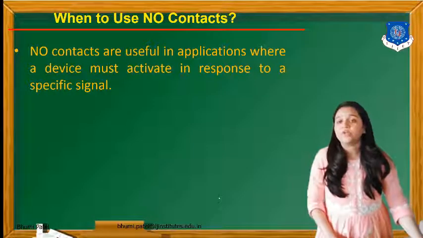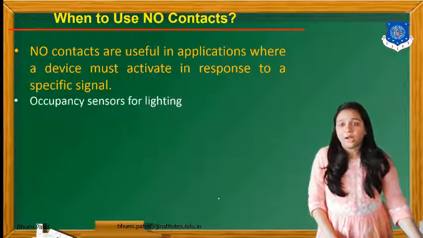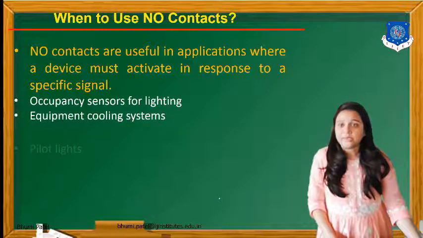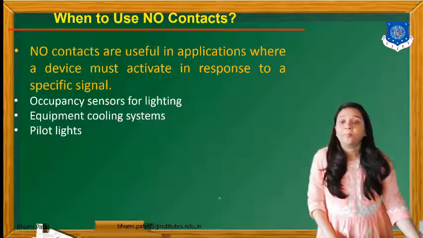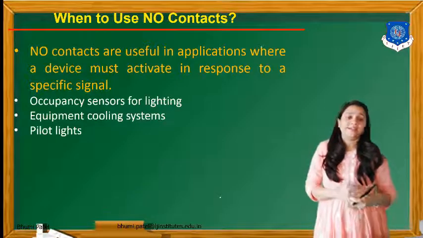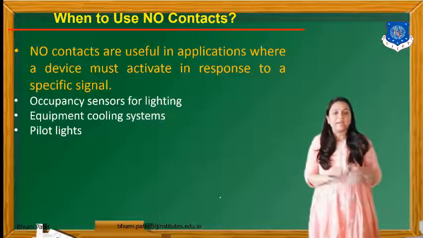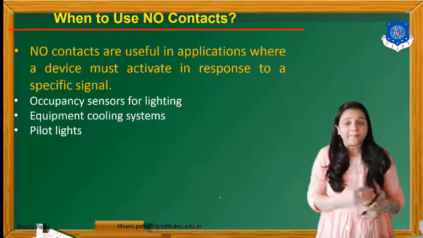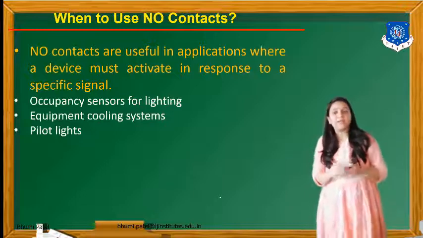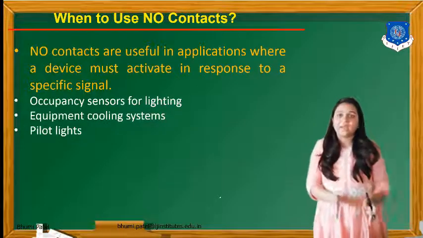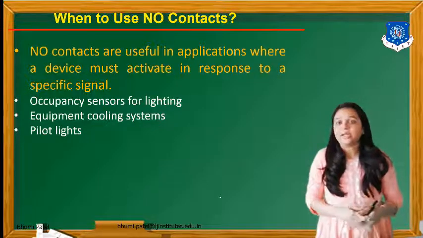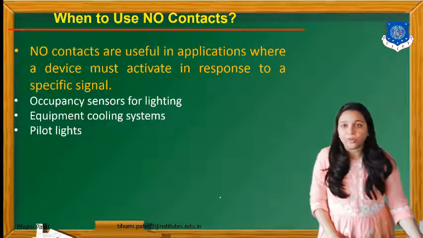It is used with sensors for lighting, equipment, cooling systems, and for pilot lighting. For some type of sensor like a light sensor, if light is there, the switch will be in the on or off condition. If the temperature is in a given range, the input device will be activated. In some applications we use the normally open contact.